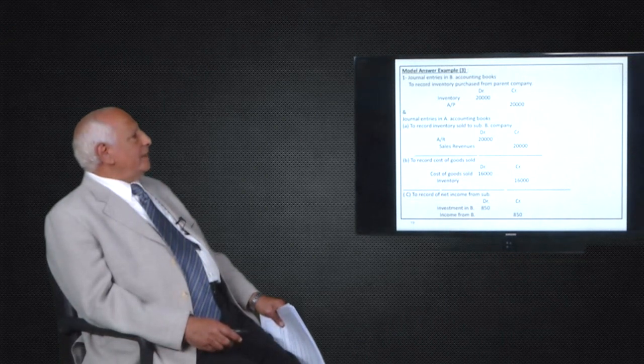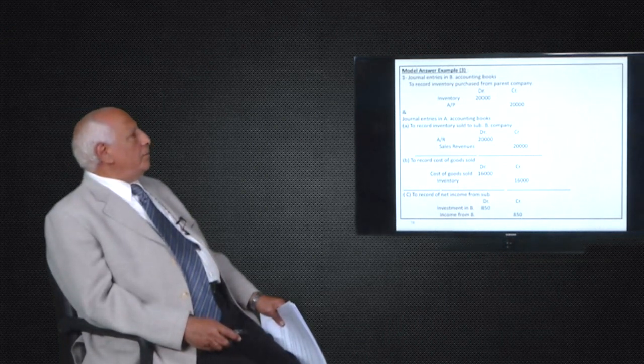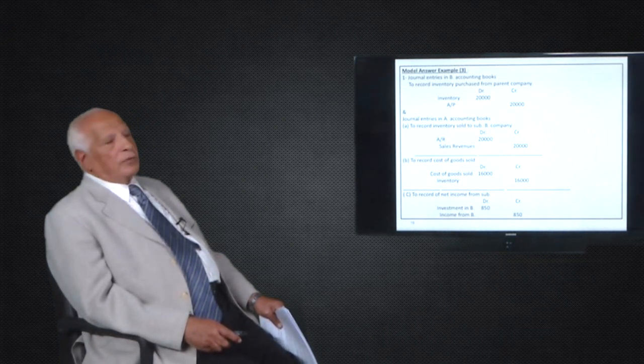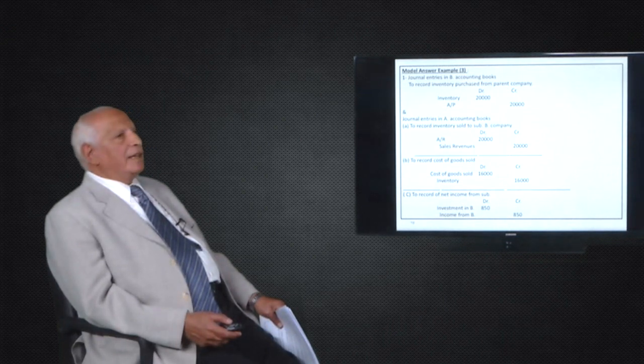Journal entries in A as the parent, he's the seller. He's going to record the merchandise inventory sold: debit AR, credit sales revenues, and the second one, debit cost of goods sold, credit inventory. After this, record net income from sub. How much is it? Investment in B 850, income from B 850.